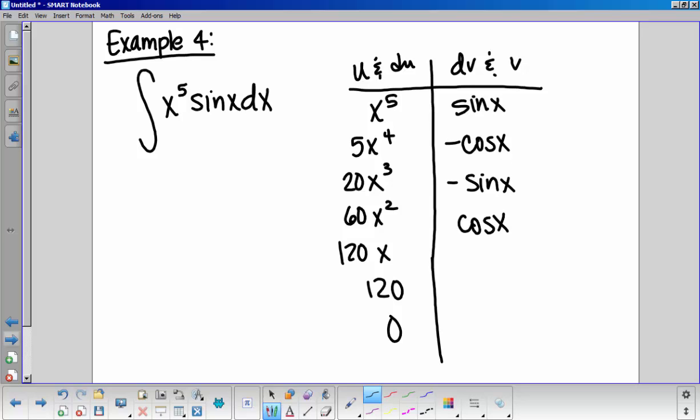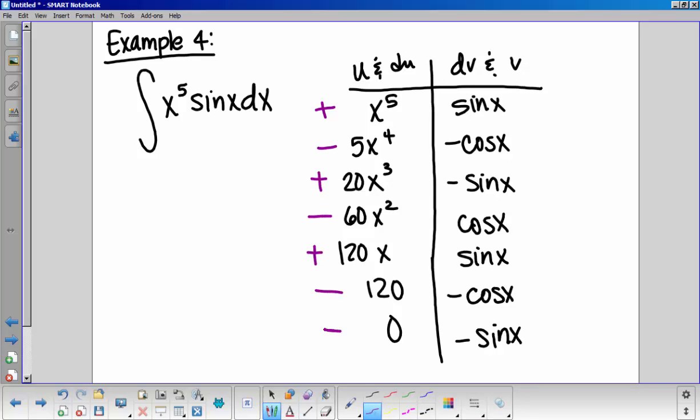Then sine x, then negative cosine x. And then we're back here, right? And then we alternate plus, minus, plus, minus, plus, minus, plus. And then we are multiplying diagonally downward.